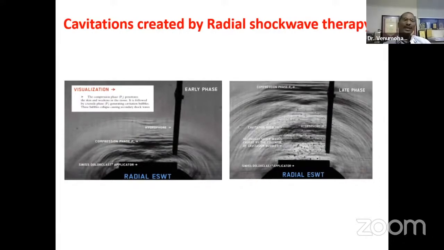The left diagram shows the early phase where you see very little or no cavitation, whereas in the second image you see these circular waves, which are the secondary shock waves released due to the implosion of the cavitation.